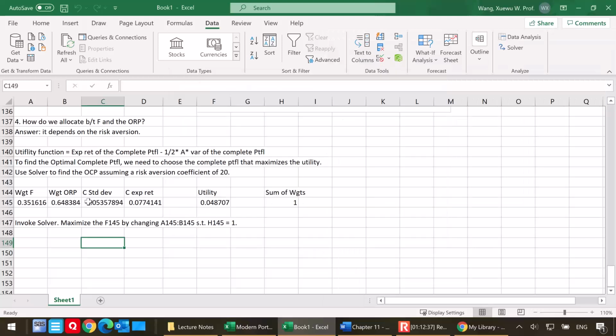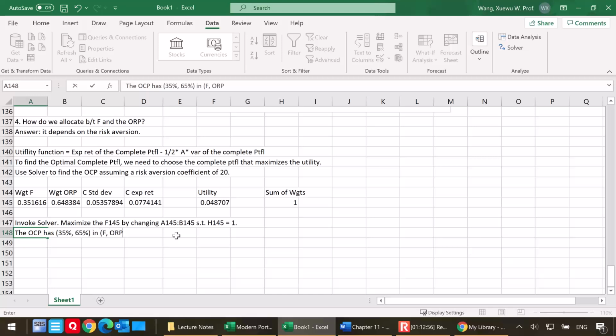So if you want to derive the highest utility, you're going to put 35% in risk-free and 65% in ORP. The optimal complete portfolio has about 35% and 65% respectively in risk-free and ORP.